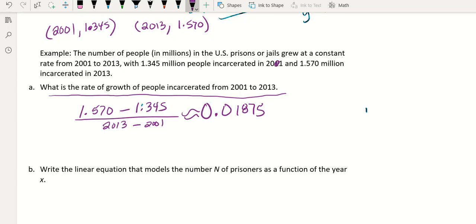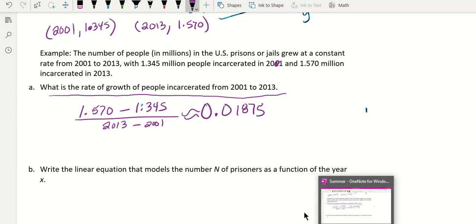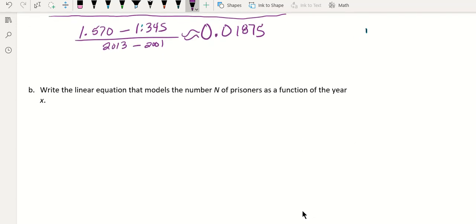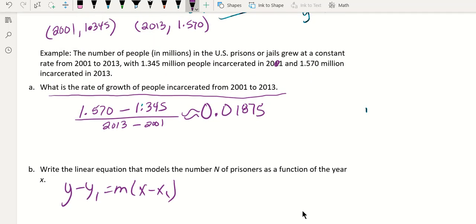Then it says write the linear equation that models the number n of prisoners as a function of the year. So now it wants the linear equation of that. Well, you know how to do that. Remember y minus y1 equals m times x minus x1. As long as you have a slope and a point, anything is possible.